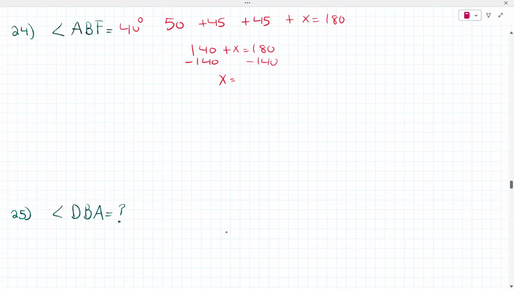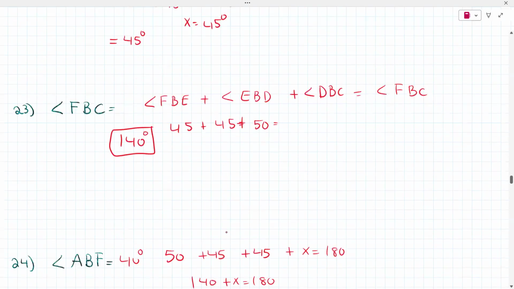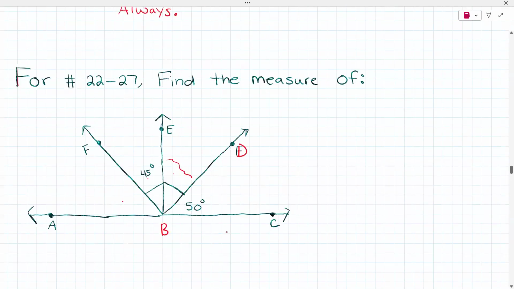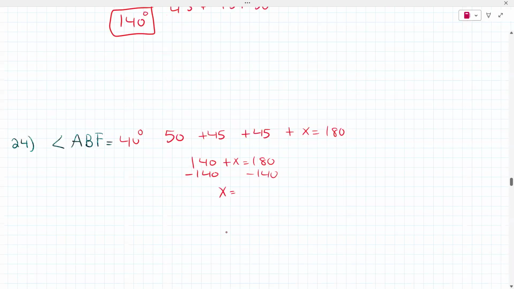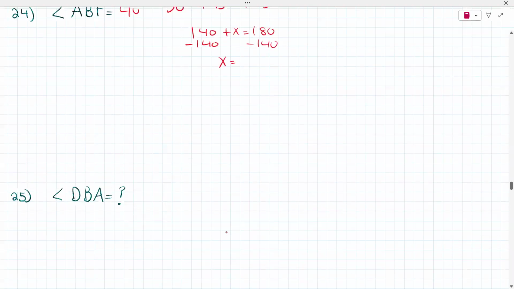Okay, last one, angle DBA. DBA is a mixture of DBE, EBF, and FBA.